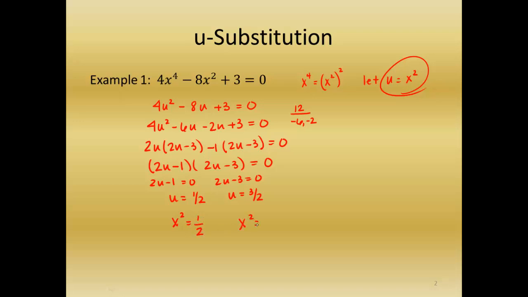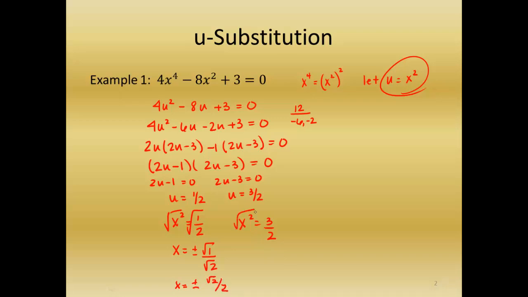So x squared equals 3 over 2. So to solve these, I'm going to use the square root method by taking the square root of both sides, giving me x equals positive and negative, the square root of 1/2, which is the square root of 1 over the square root of 2, which I will rationalize for a final answer of positive or negative root 2 over 2.